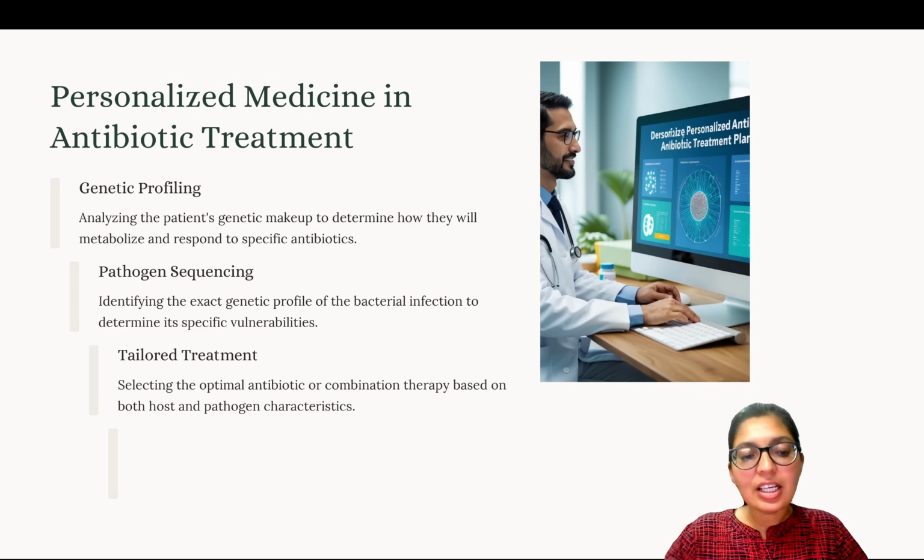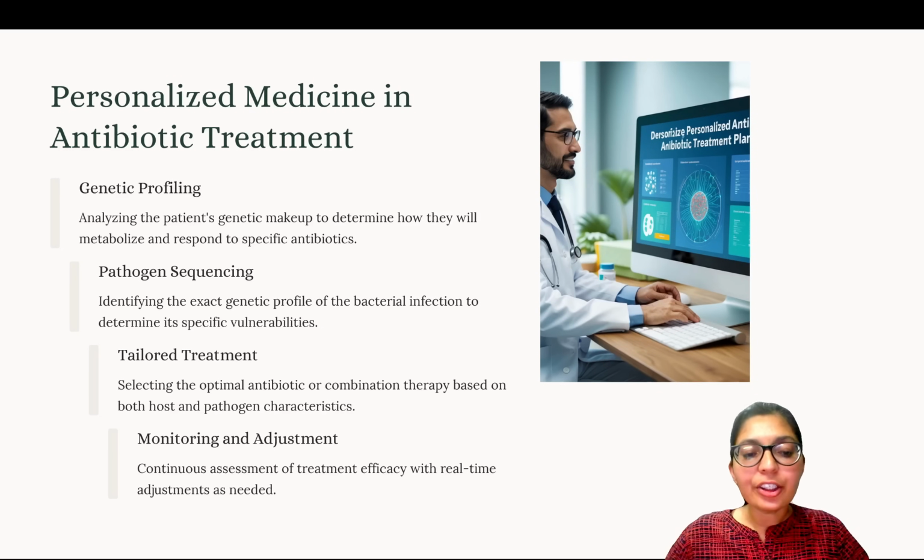Tailored treatment: selecting the optimal antibiotic or combination therapy based on both host and pathogen characteristics so that maximum effect can be achieved. Monitoring and adjustment: continuous assessment of treatment efficacy with real-time adjustment is needed. These are the important factors which can enhance the effect of antibiotics and reduce resistance.